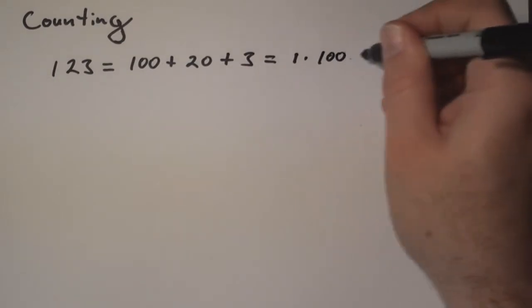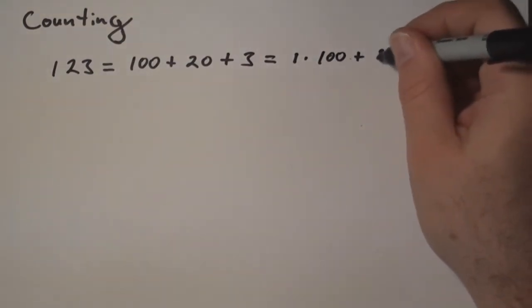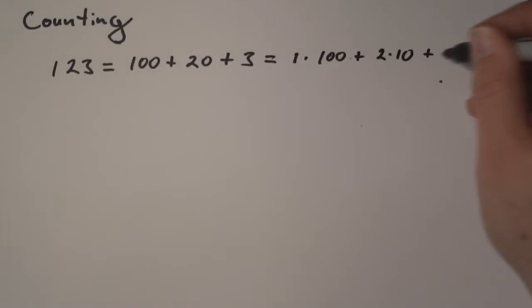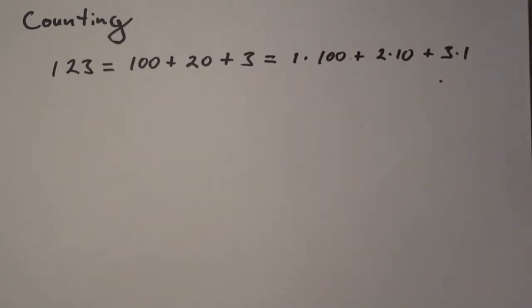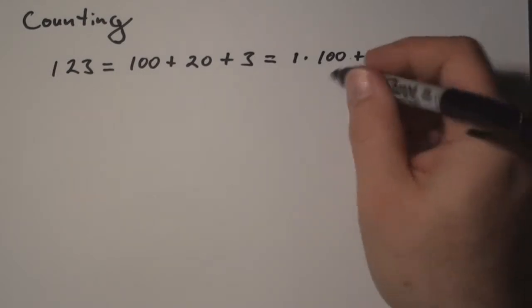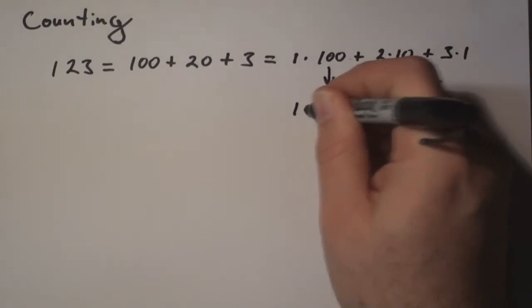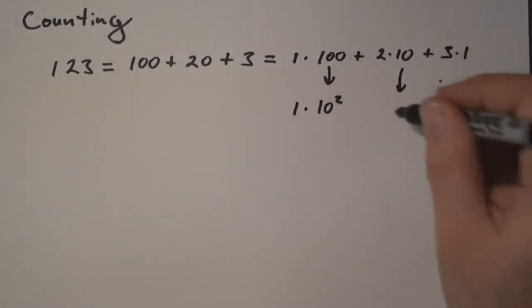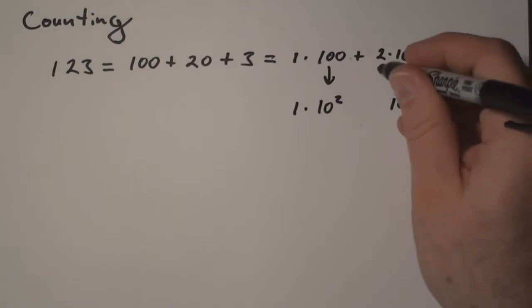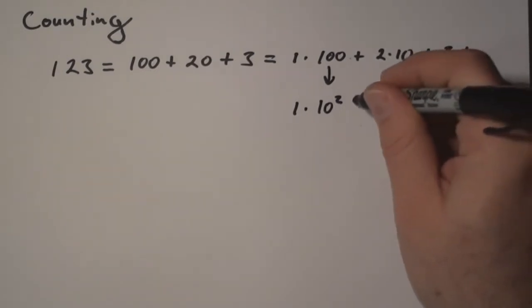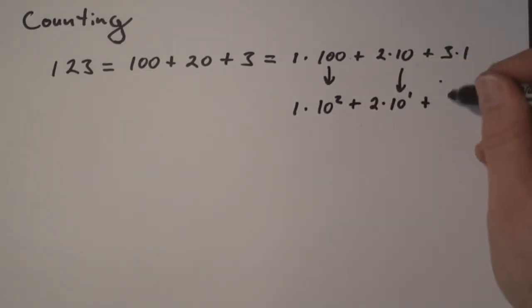Well, this can also be written as 1 times 100 plus 2 times 10 plus 3 times 1. But using our new power of exponents, we're going to write 100 as a power of 10, 10 as a power of 10, and 1 as a power of 10.